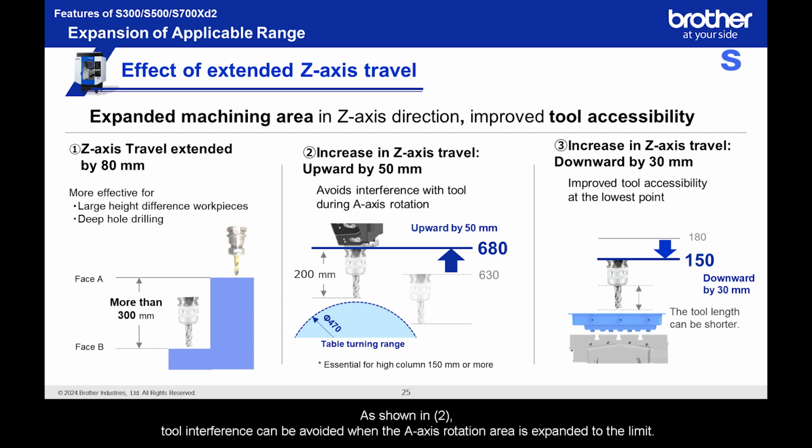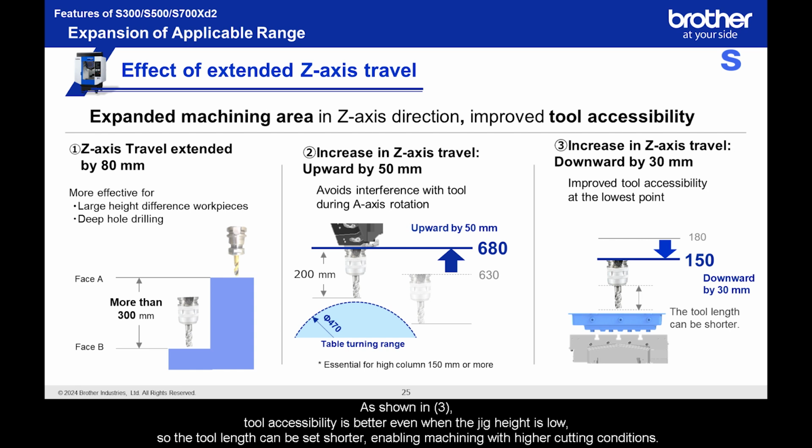As shown in 2, tool interference can be avoided when the A-axis rotation area is expanded to the limit. As shown in 3, tool accessibility is better even when the jig height is low, so the tool length can be set shorter, enabling machining with higher cutting conditions.